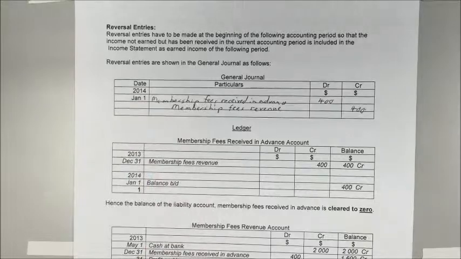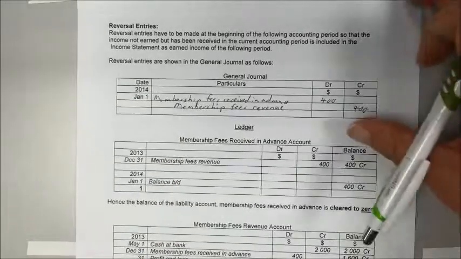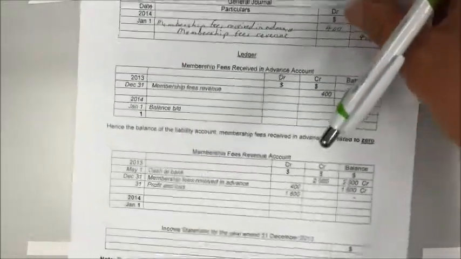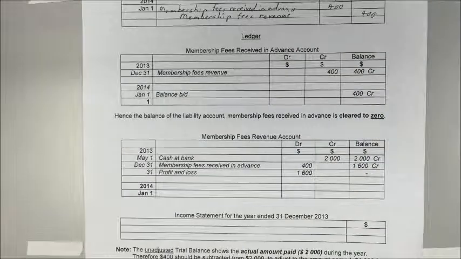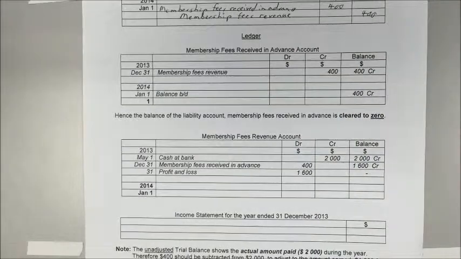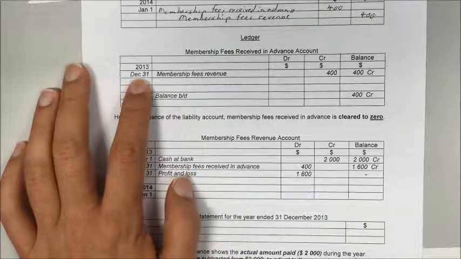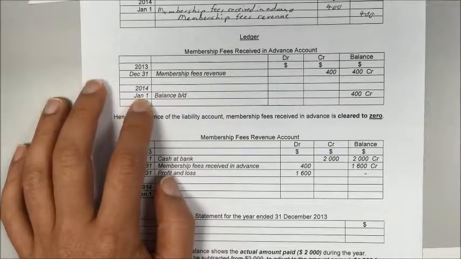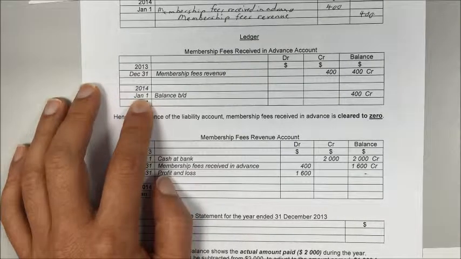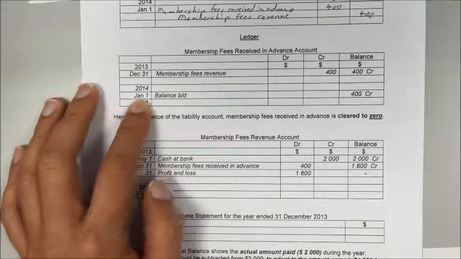Now we will take a look at the accounts for a better understanding. Let's take a look at the membership fees received in advance account. Now this is what you had recorded in 2013, and you have the balance brought down as of 1st of January 2014.